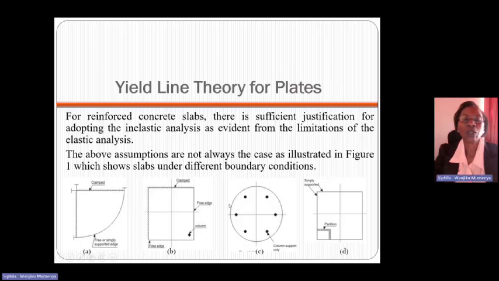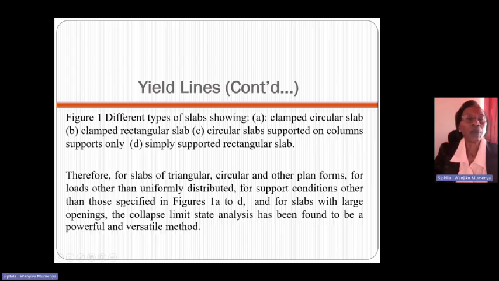You could also have a circular slab supported on columns only, as shown on this diagram C. You could also have a rectangular slab, but simply supported on two adjacent sides with a partition, as shown in diagram number D. In that figure, which I'm calling figure 1, we are showing different types of slabs.